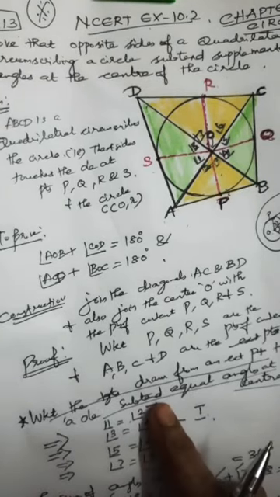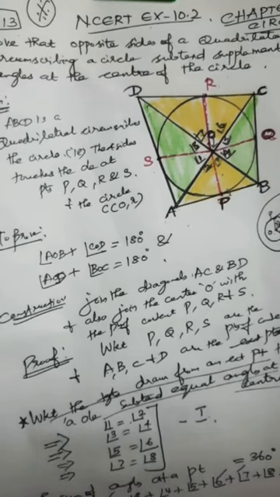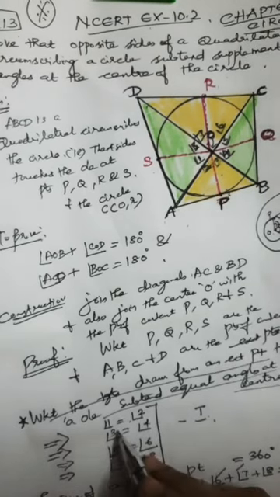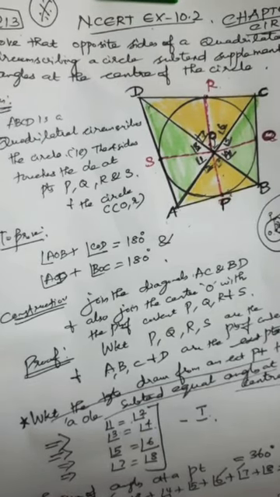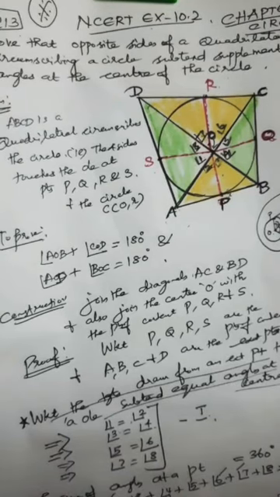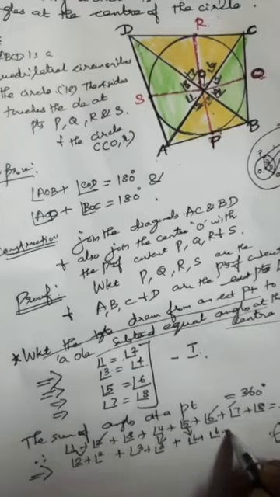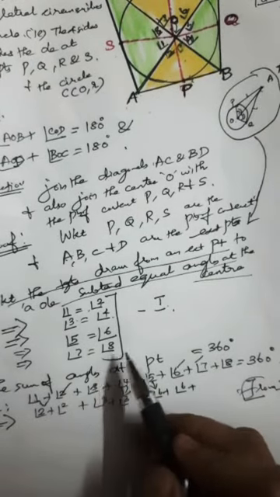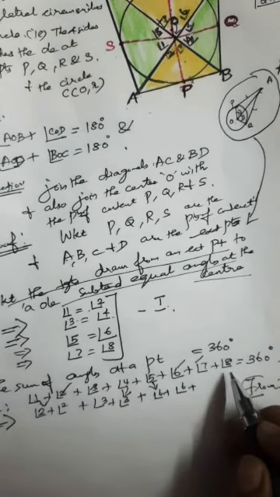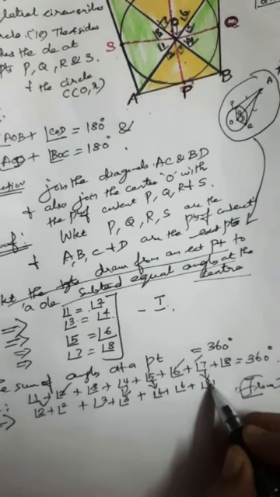See, 1 equals 2, so angle 1 also you can write as angle 2 itself, giving angle 2 plus angle 2. And angle 3 equals angle 4, so this 4 also you can write as angle 3 itself. And 5 equals 6, so angle 5 also you can write as angle 6. And angle 7 equals angle 8, so you can write this 8 also as angle 7 itself.